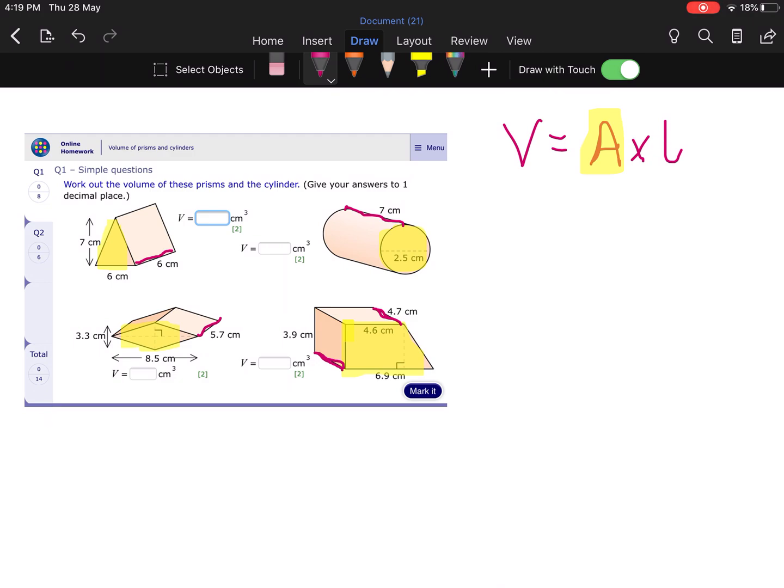So the front face of the first one is a triangle, and it's got a base of 6 and a height of 7. So the first shape, you work out the area separately. So area is equal to base times height divided by 2. So that's going to be equal to 42 divided by 2, which is 21.